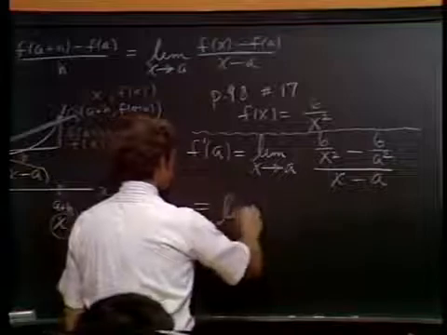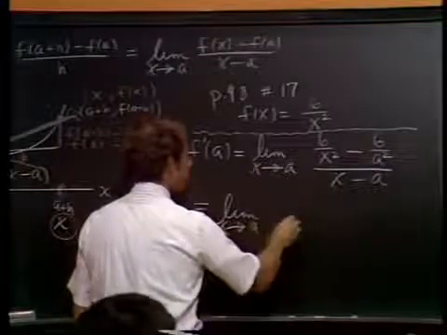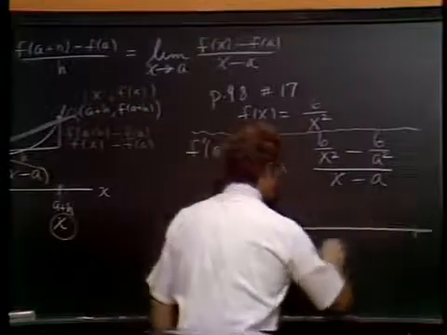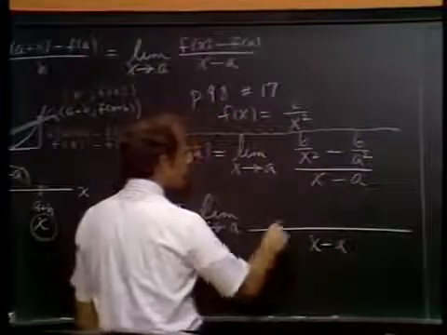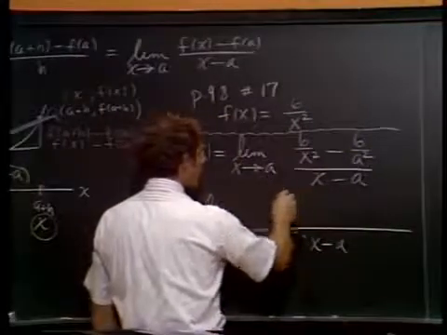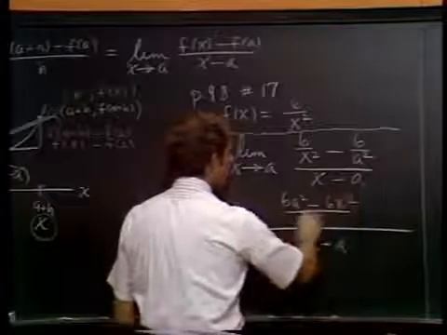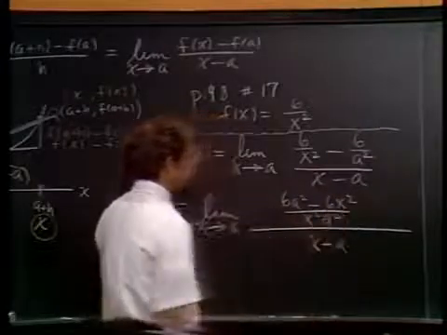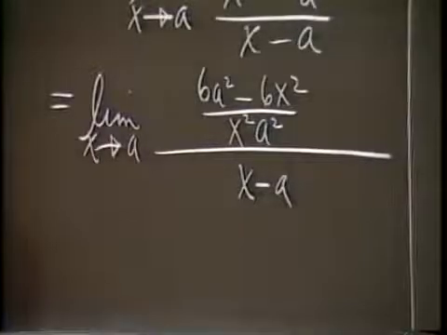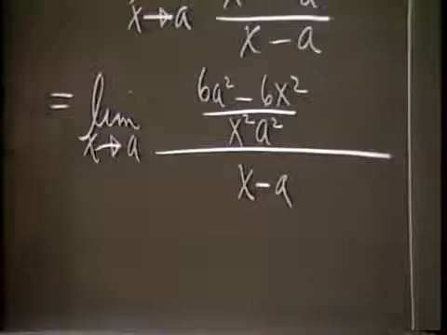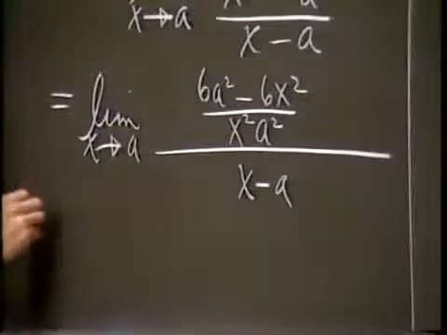This would be the limit. And you have to be careful with your fractions as usual. The big bar for the overall fraction, the one on top, is going to be 6a squared minus 6x squared all over x squared a squared. You can factor out a 6 for sure.